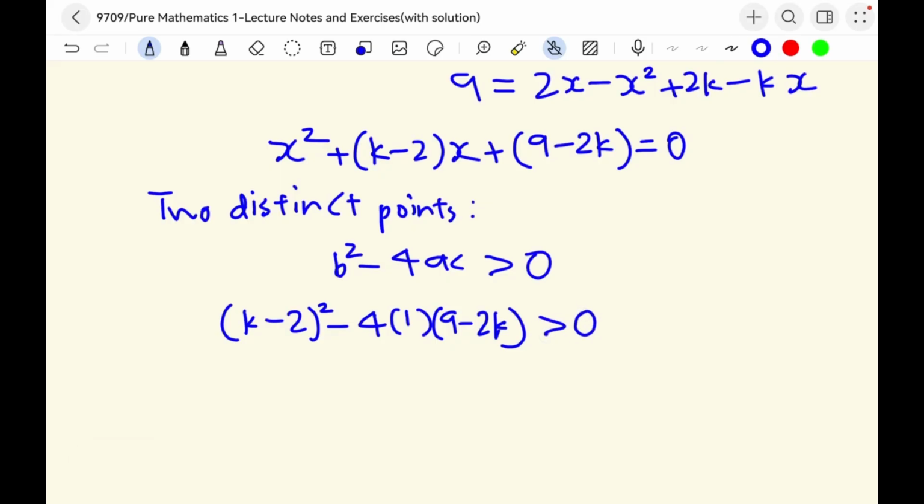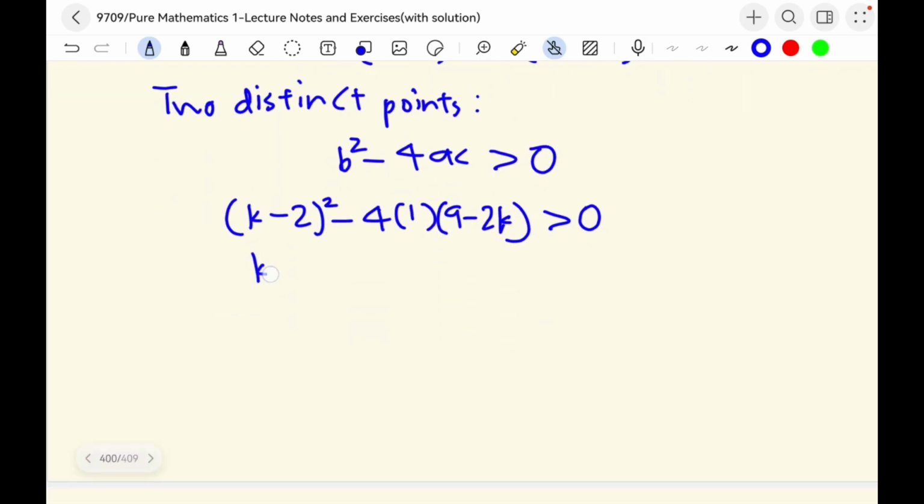So what you can see over here, you will get a quadratic equation again. It's k squared minus 4k plus 4, and this you will get negative 36 plus 8k. Okay, rearrange it, sort and simplify.